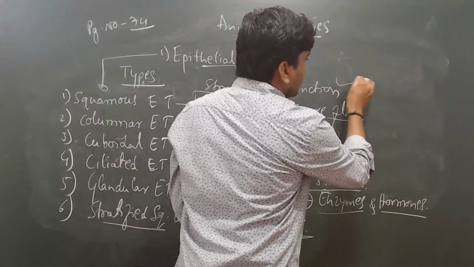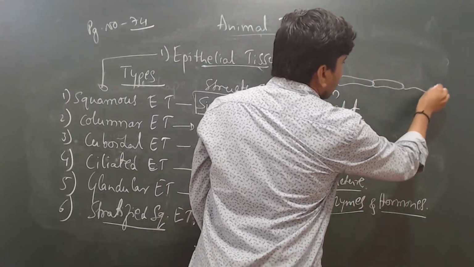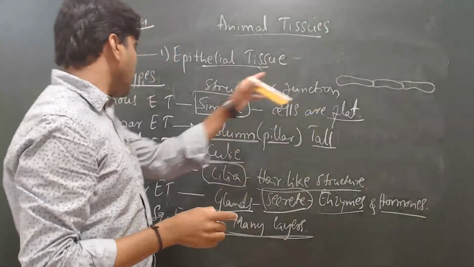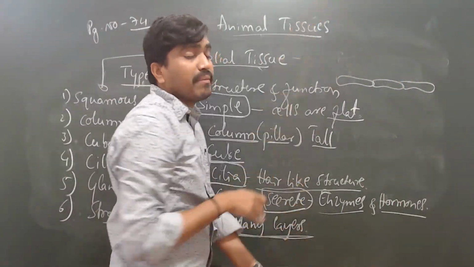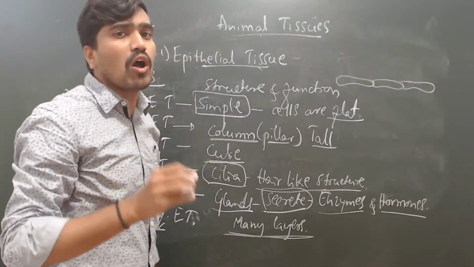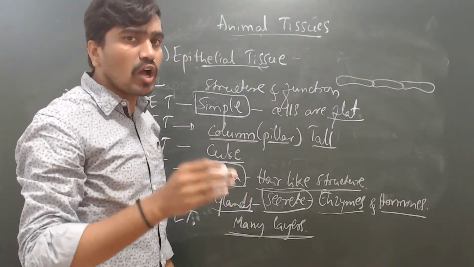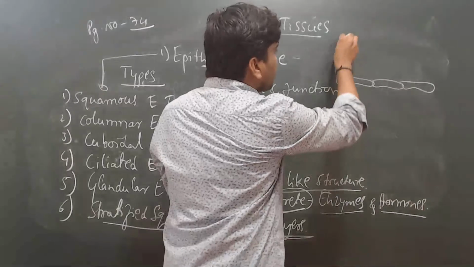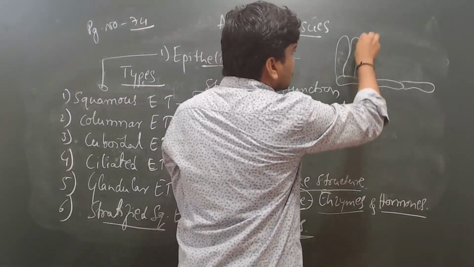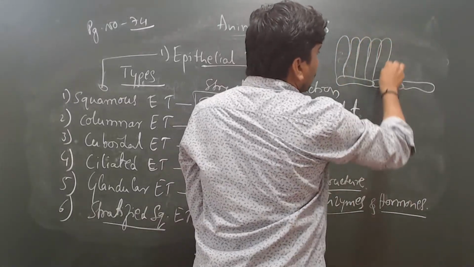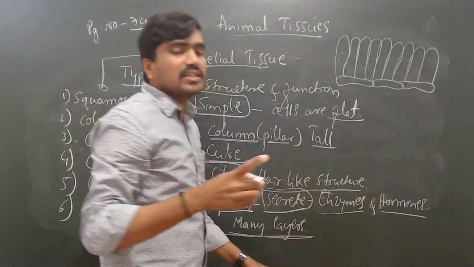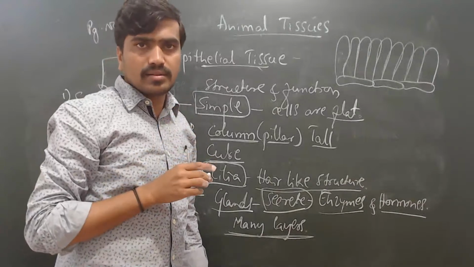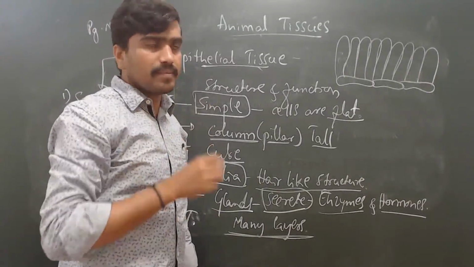See, the basement is flat, like this. If it is flat, it is squamous. If the layers are arranged one by one, many layers, that one is stratified squamous. If it is arranged in pillar-like structures like this, or column-like structures, that one is called columnar.